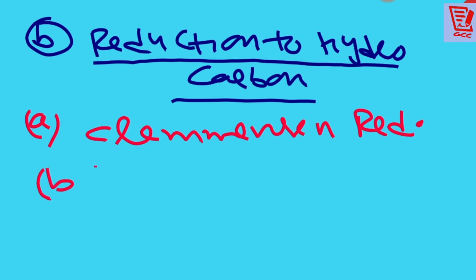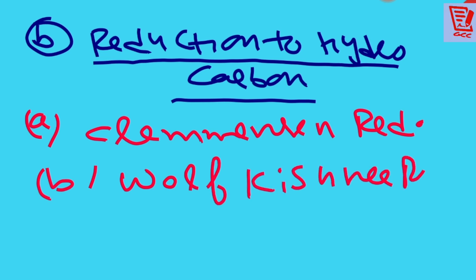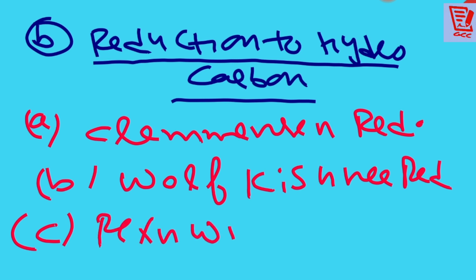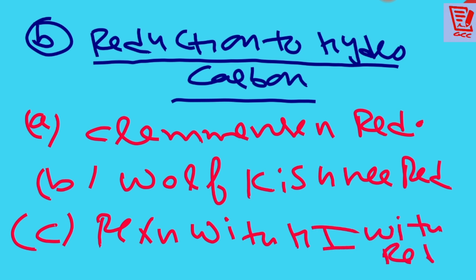Its B part is Wolff-Kishner reduction. Its C part is reaction with HI with red phosphorus. So we will do all these reactions one by one.